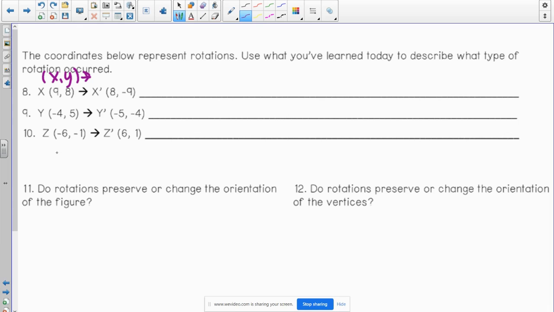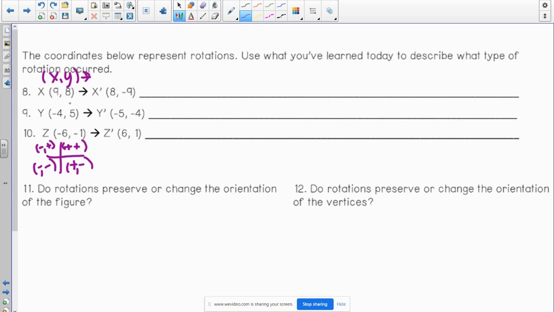Maybe it would help if we make a little chart here. So these are positive, positive. This one, the X is negative, the Y is positive. This quadrant 4, it's positive, negative. And then quadrant 3 is negative, negative.